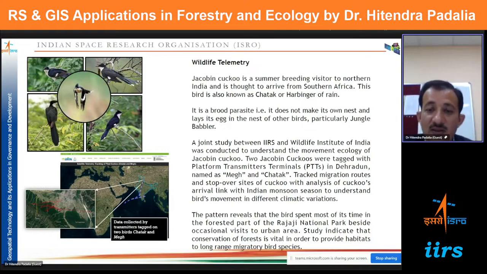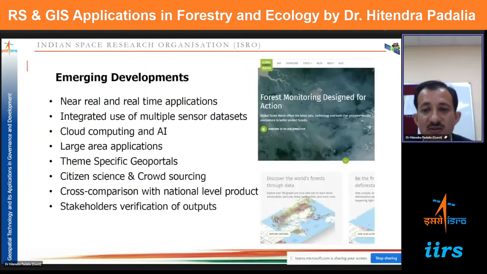Nowadays, a lot of other private companies are also offering satellite telemetry. So this is very useful, because birds and turtles and wild animals, elephants, tigers, conflict animals, all those can be tagged, and then we can do better wildlife management using these advanced techniques.